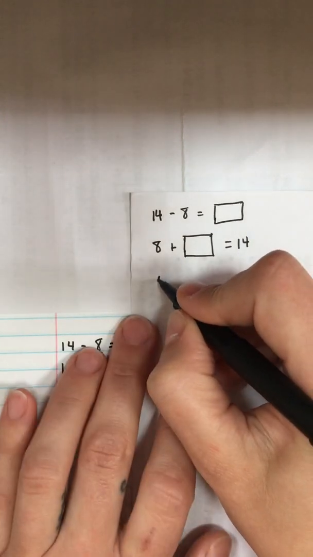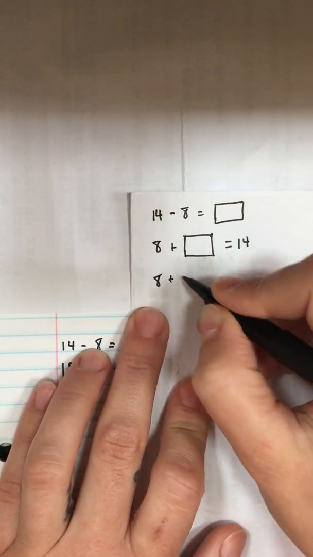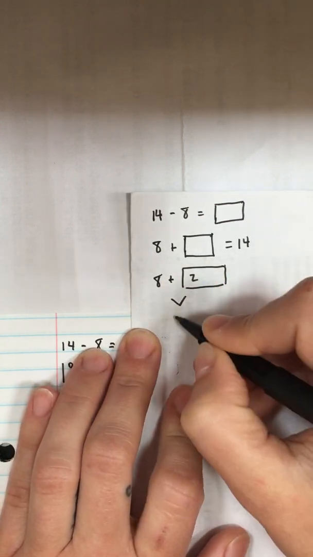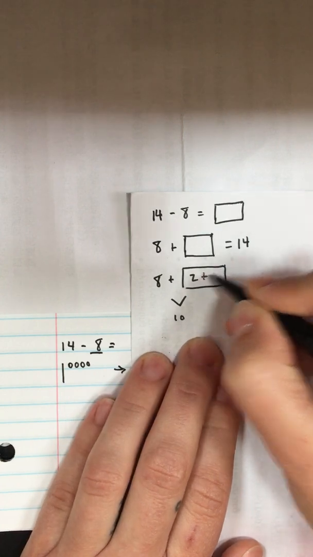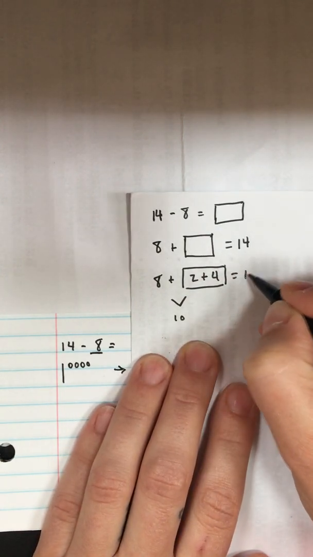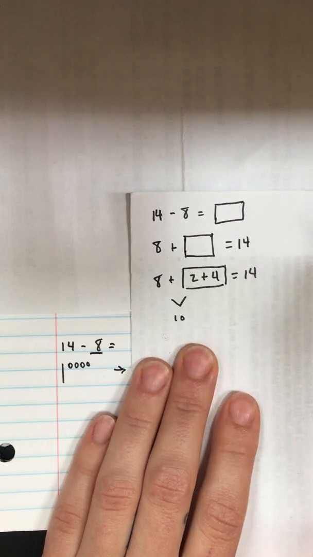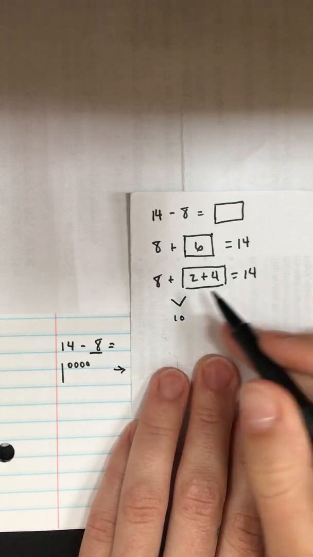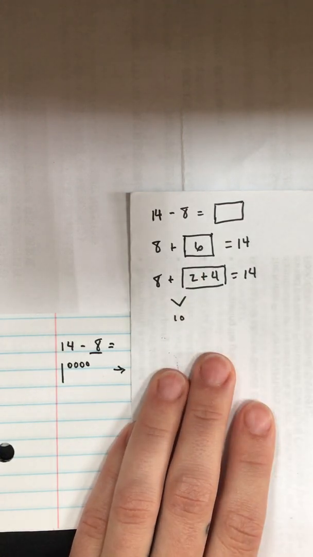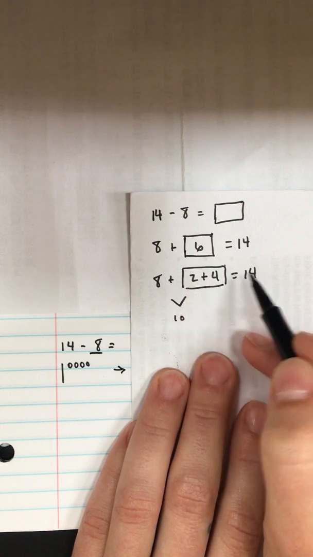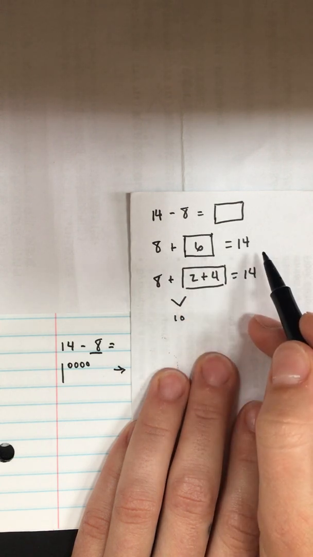So then we can worry about making our 10. So 8 plus 2 equals 10. And 10 plus 4 equals 14. So this partner that we don't know is 6, because 2 plus 4 equals 6. So if 8 plus 2 is 10, and 10 plus 4 is 14, 8 plus 6 is 14.